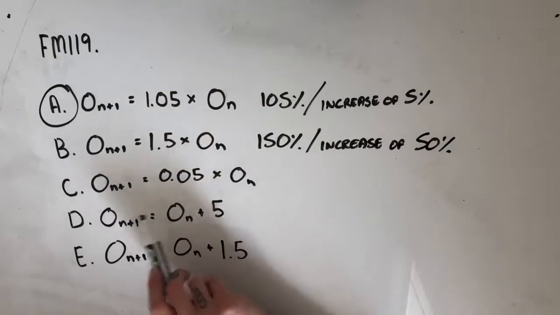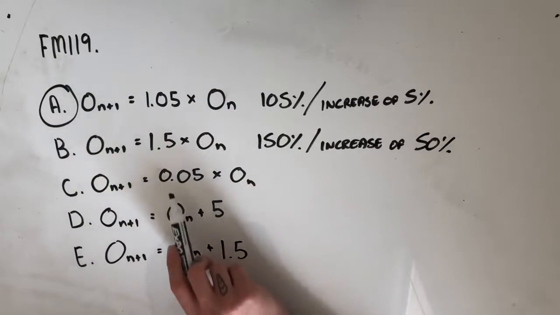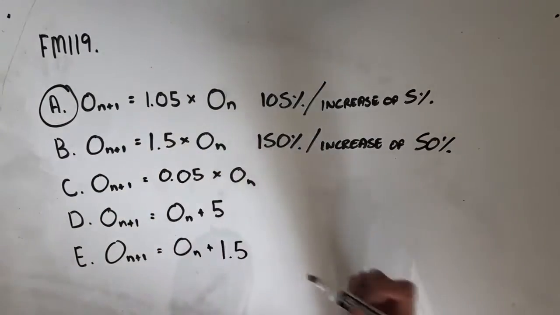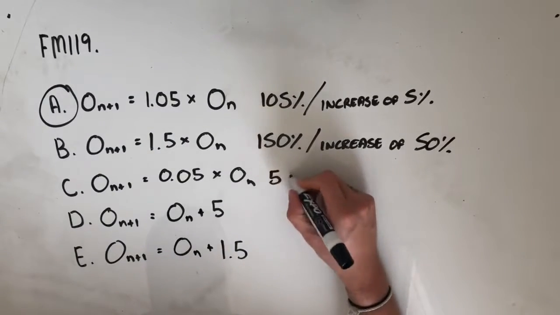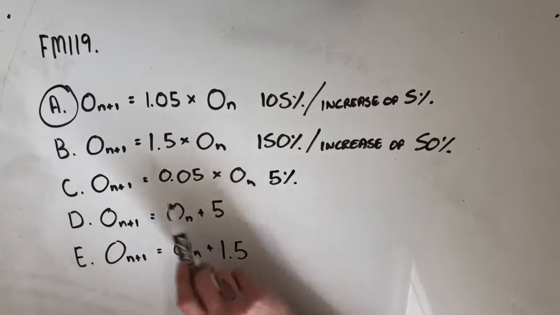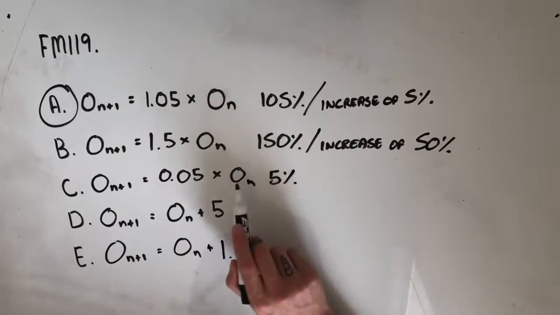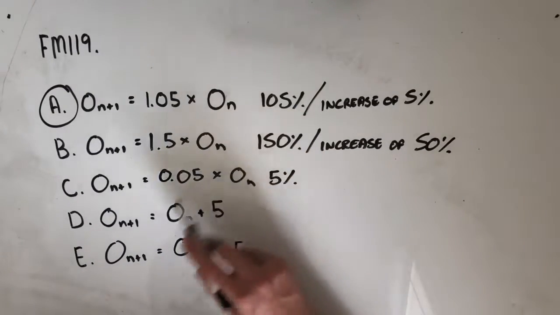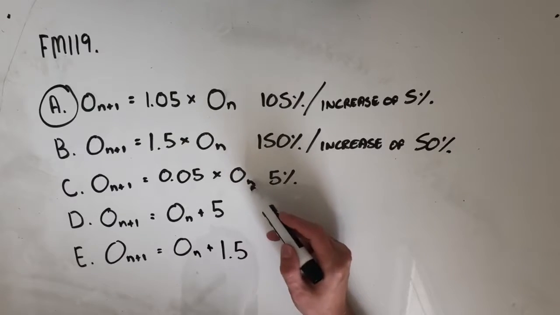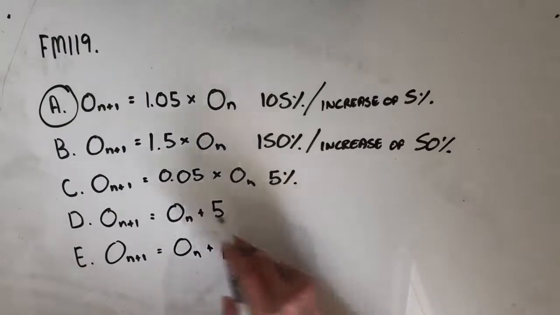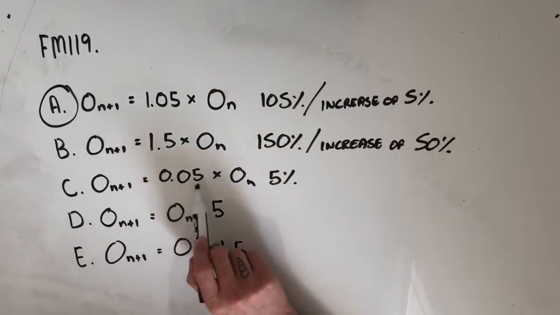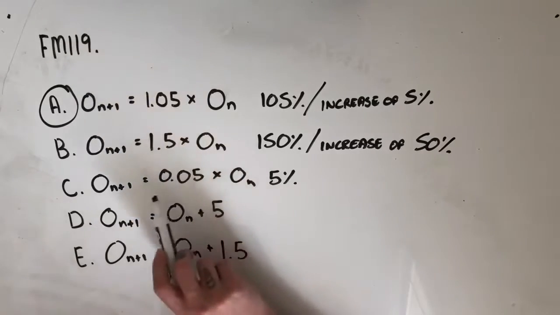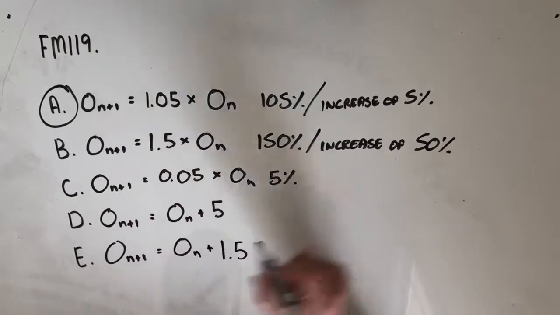Moving down here, one ollie to the next, times by 0.05. 0.05 is 5%. So this is going to find 5% of our ollie, which, if we were to find this amount and then add it onto our original ollie, would take us to the next one. But in this case, this 0.05 as opposed to the 1.05 is just finding the 5%.